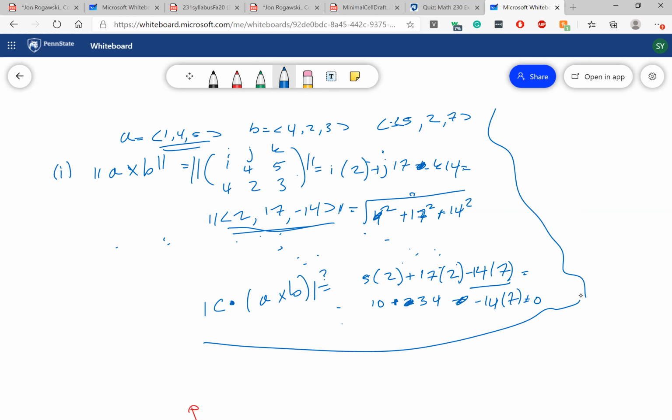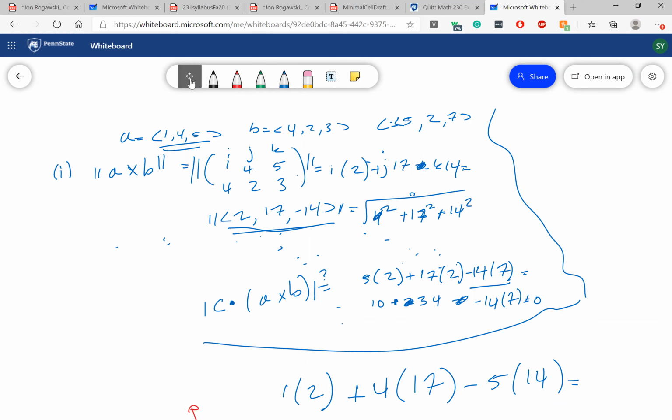That's going to be 1 times 2 plus 4 times 17, and then minus 5 times 14.